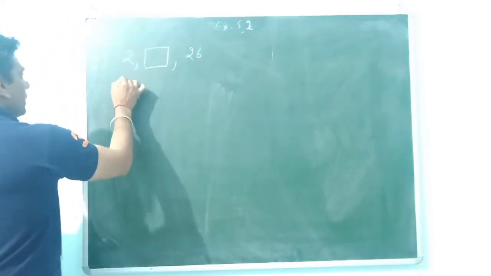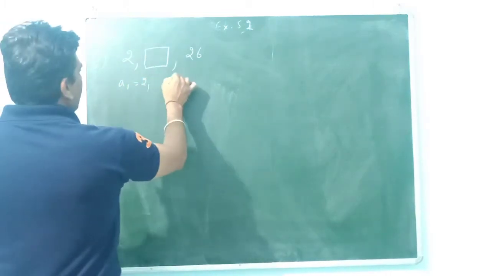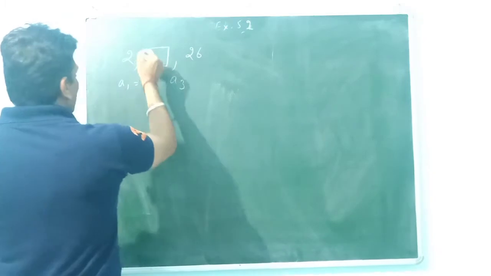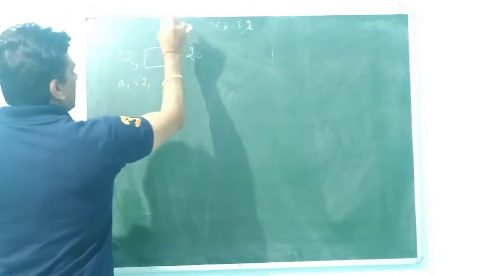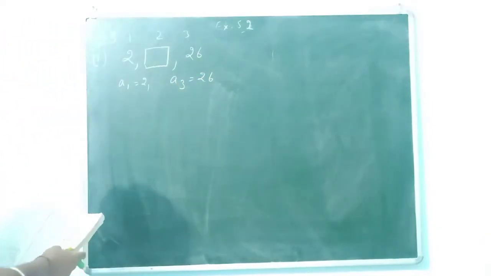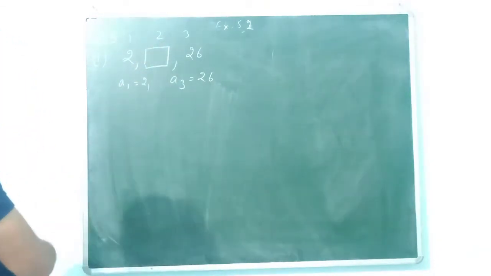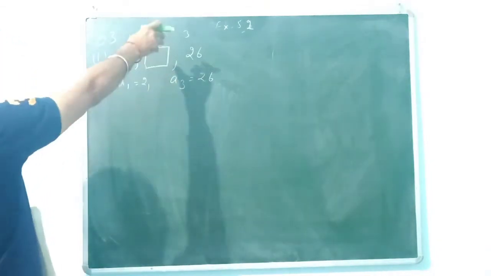From here A1 is 2 and A3 is 26, because the 1st, 2nd and 3rd terms are given in this AP. We have to find the term which can be fitted here.